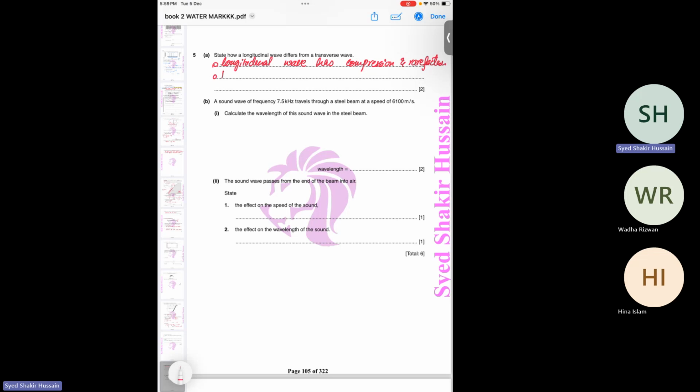Transverse waves have crests and troughs.